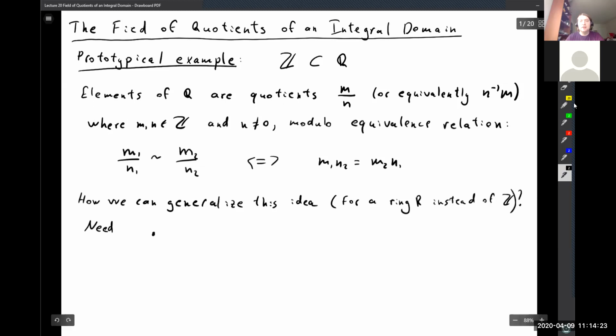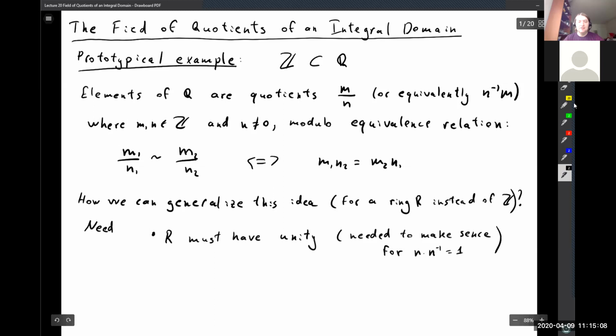Well, the first thing, because we need something like an inverse, the first thing we have to require is that R must have unity, and that's basically needed to make sense for n multiplied by n inverse equals 1, right?